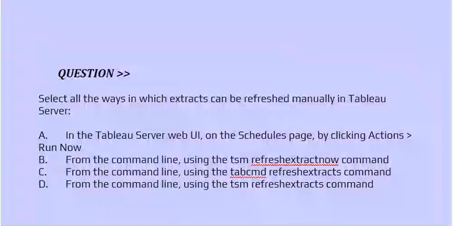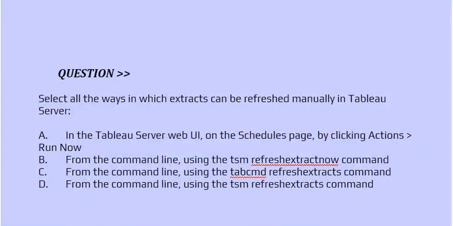Next question is, select all the ways in which extracts can be refreshed manually in Tableau Server. Option A. In the Tableau Server web UI on the schedules page by clicking Actions, Run Now. Option B. From the command line using the tsm refresh extract now command.